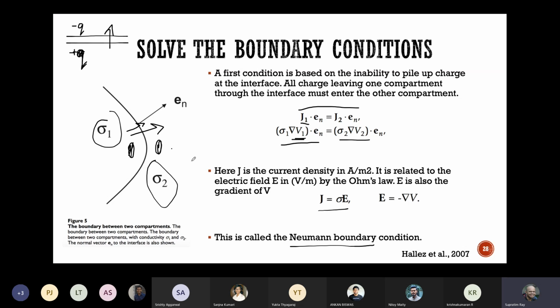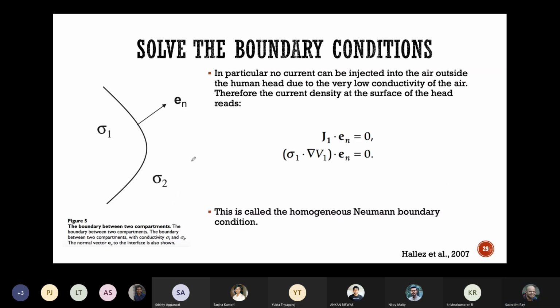So that's one boundary condition. The other boundary condition here is quite trivial. If I look at the scalp here, and this is the air here, then obviously no current can just vanish in thin air. No current can be injected into the air outside the human head, because the air has very low conductivity.